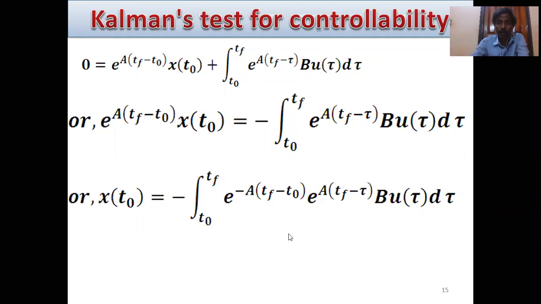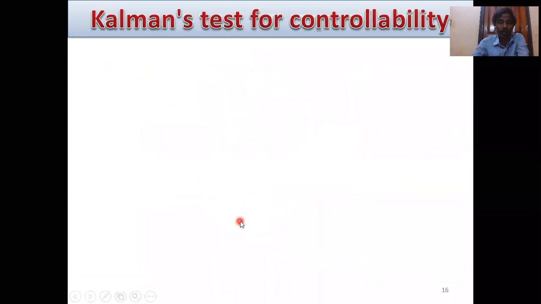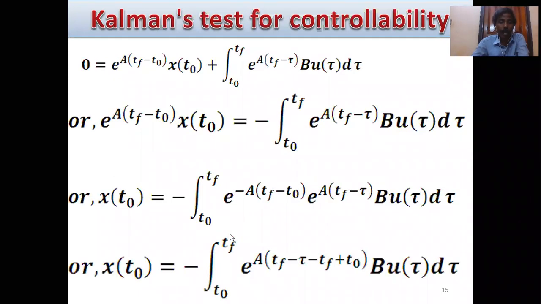Just add the exponents, and we get x(T0) = integral from T0 to Tf of e^(A(Tf-τ-Tf+T0)) B u(τ) dτ. Here Tf minus τ, minus Tf plus T0. Then Tf cancels, and we get T0 minus τ.